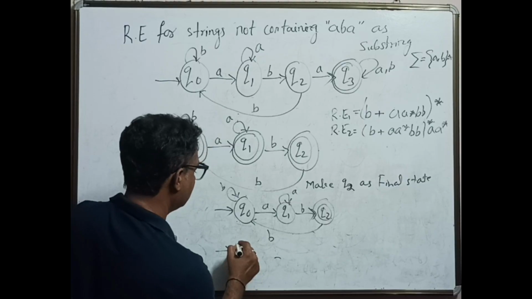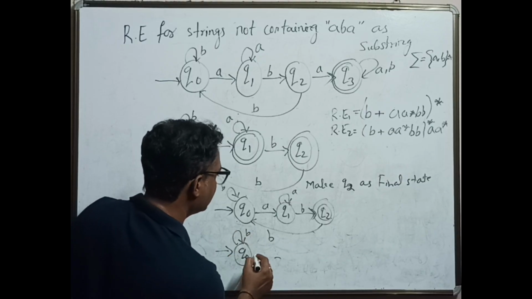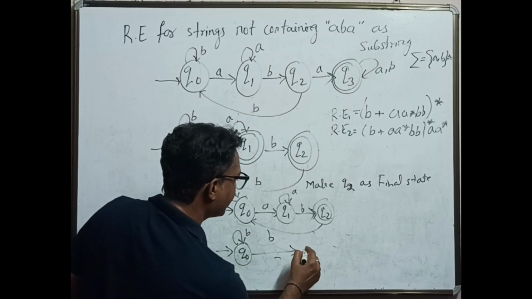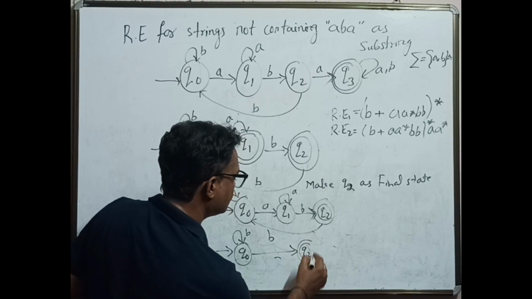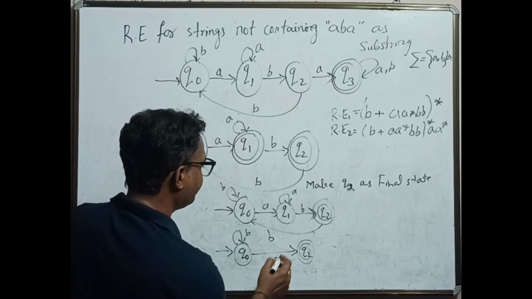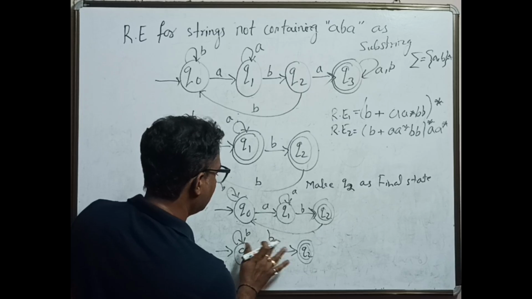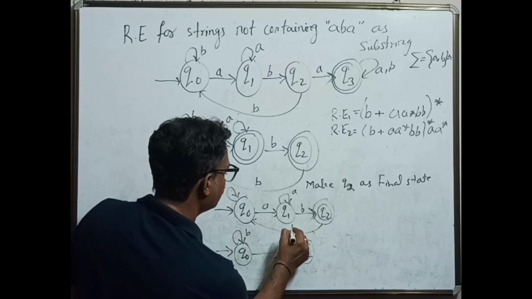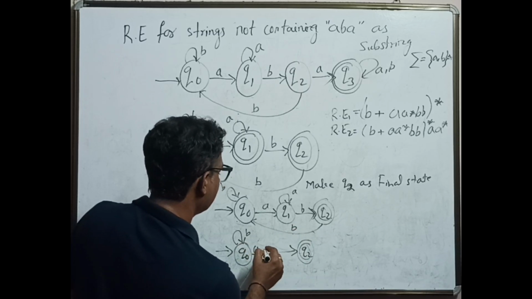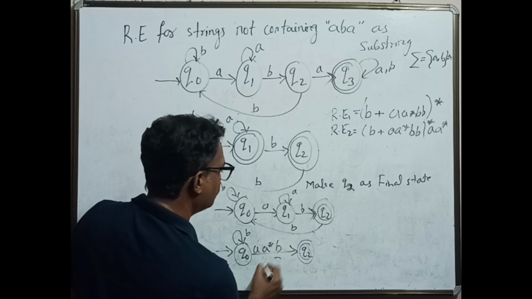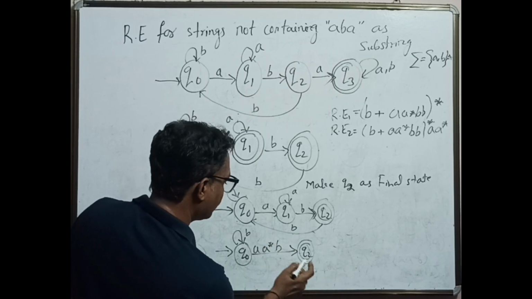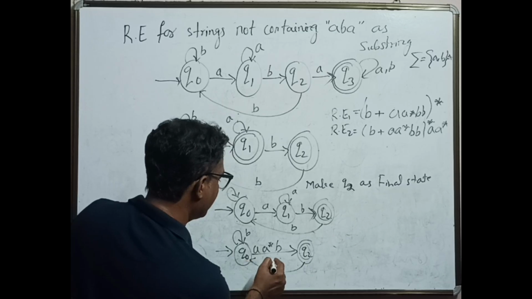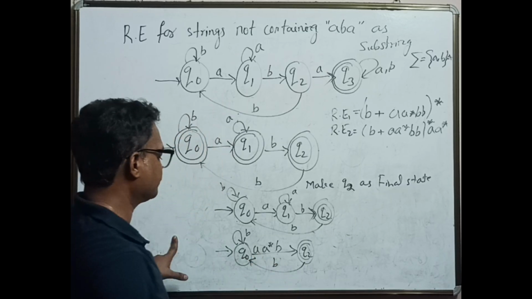Q0 on B. I'll eliminate this, so directly I can reach Q2. How can I reach Q2? It is A star, B, and from Q2 I can reach back to Q0.